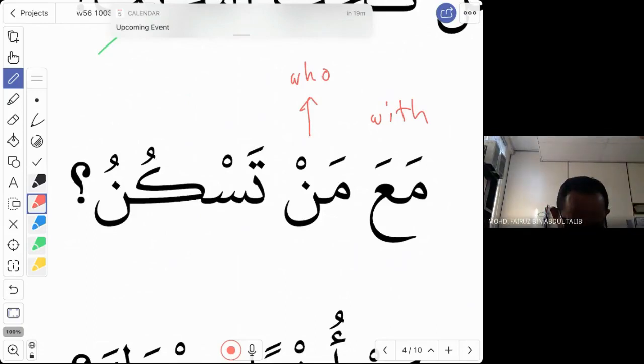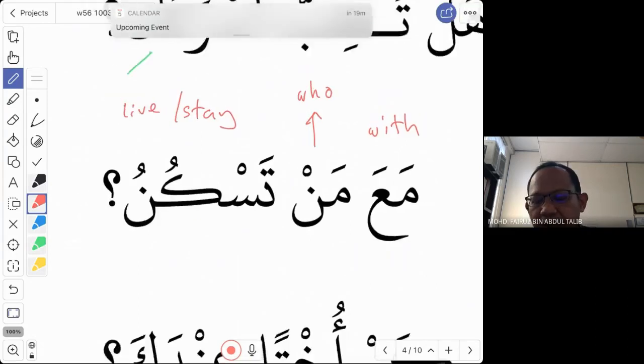And what is this taskunu? Okay, this is a new word. This is a verb, a fi'il, which means live or stay. So the question means, with whom do you stay?